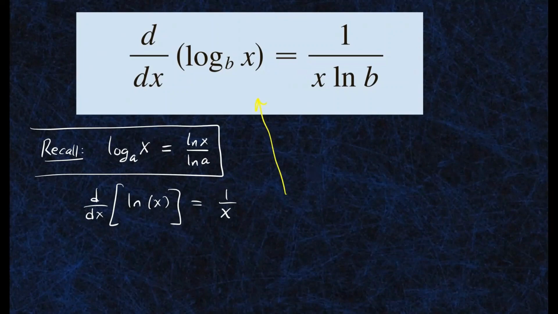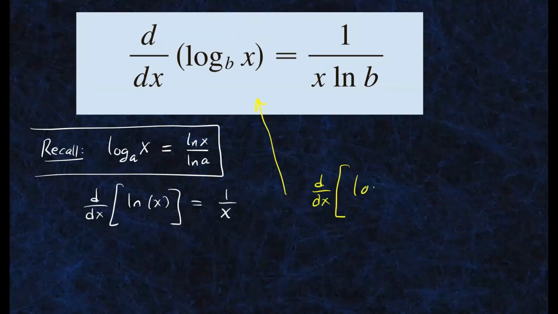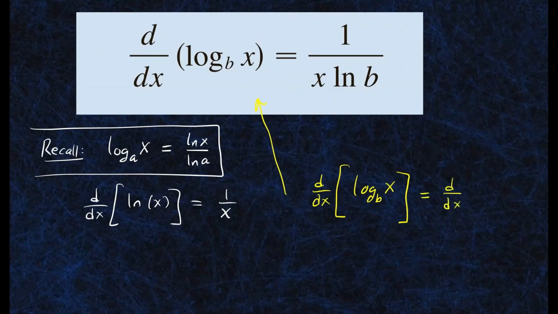If I want to take the derivative of, say, log base b of x, well, we don't know how to differentiate that, but we can write it into base e. Using the change of base formula right here, we can say this is ln of x over ln of b.